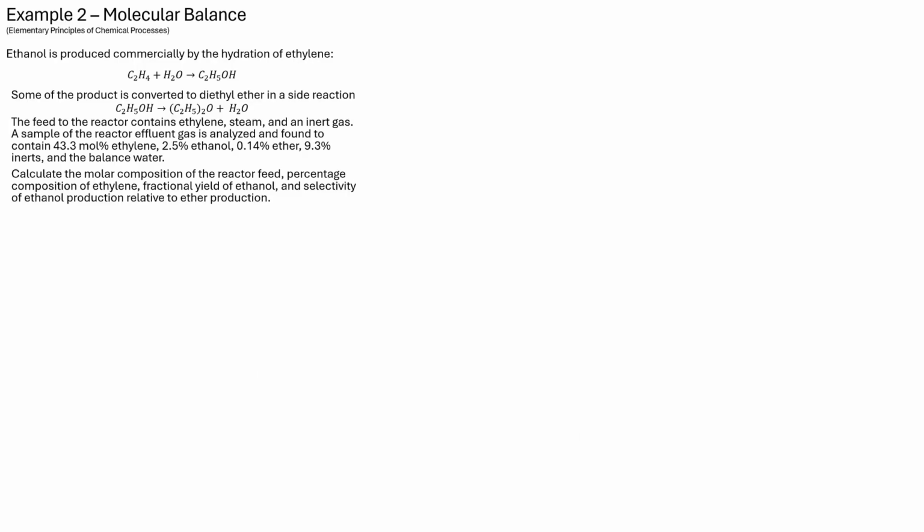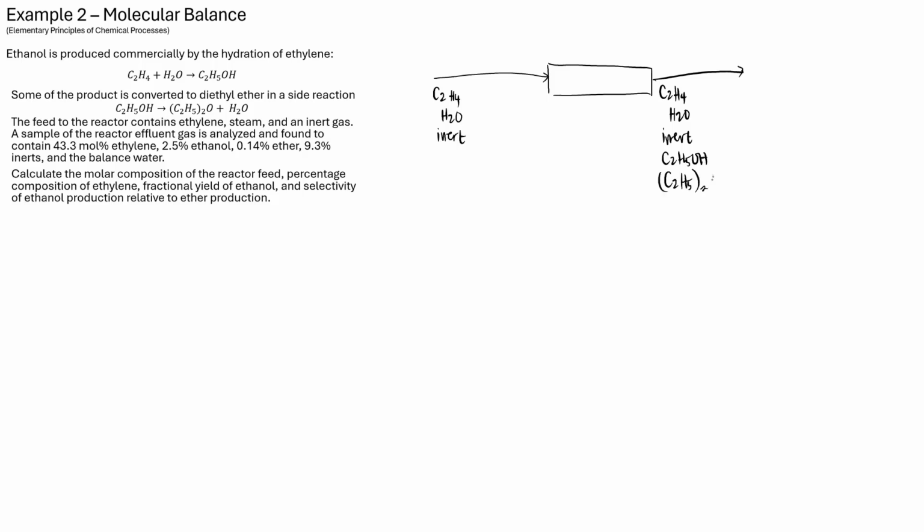So let's draw the diagram first. Ang pumapasok is C2H4, steam, and inert. Exiting, C2H4, H2O, inert, ethanol, ether. Okay. Meron na palang nabigay.